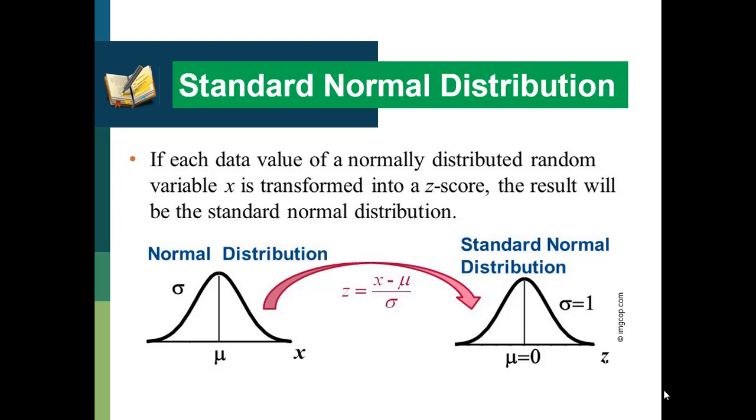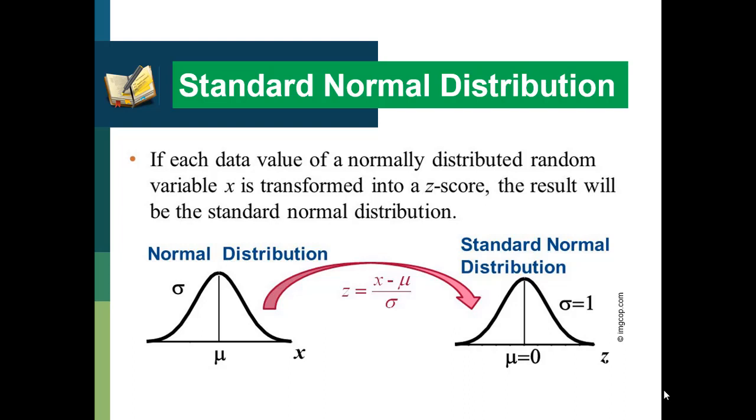As you can see in the picture, the ordinary normal distribution of a random variable x has a mean of mu and a standard deviation of sigma. But if you're going to convert that random variable x into z-scores using z is equal to x minus mu over standard deviation sigma, that will result in a standard normal distribution.